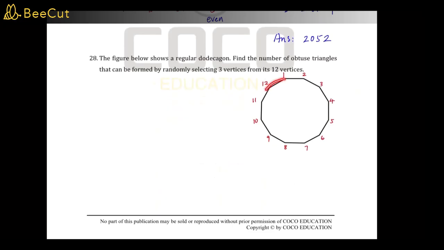So let's say we draw a circle around this polygon, then for this circle, we can look for the diameters. If we draw a circle around these points, then we get the diameters. The diameters can be 1, 7.